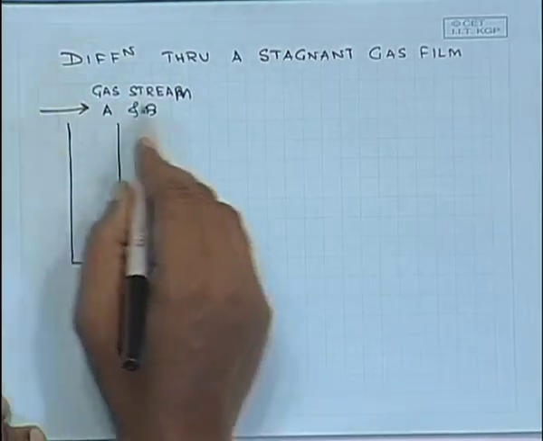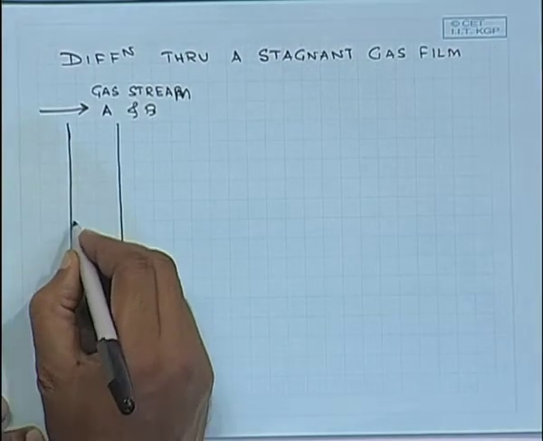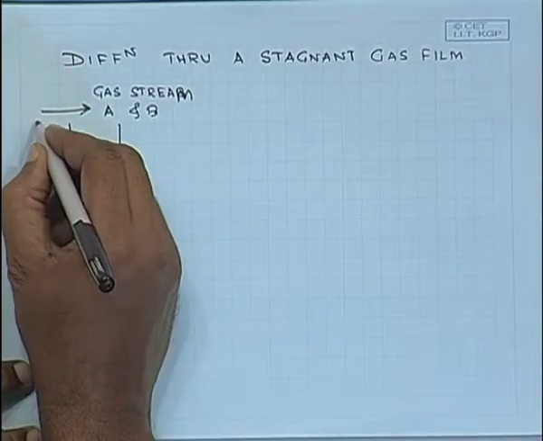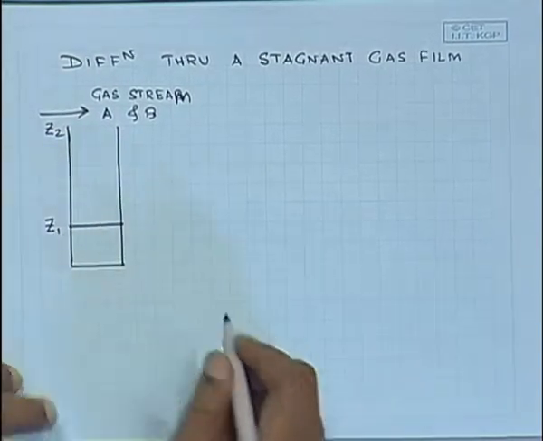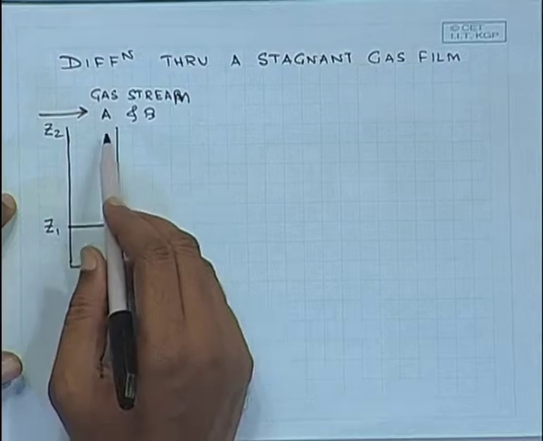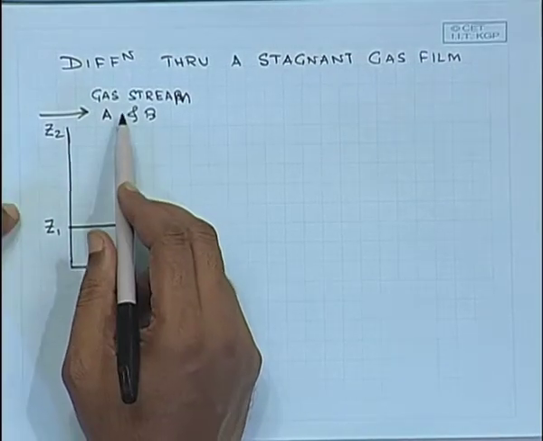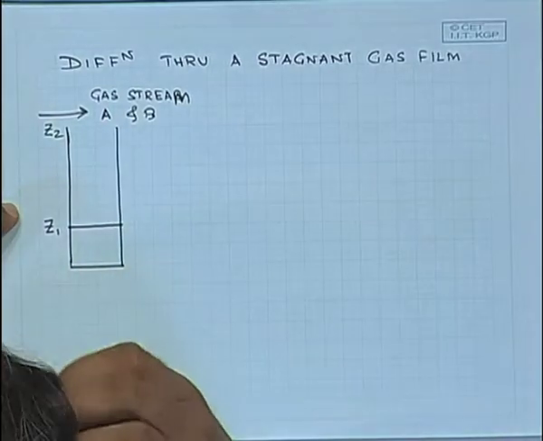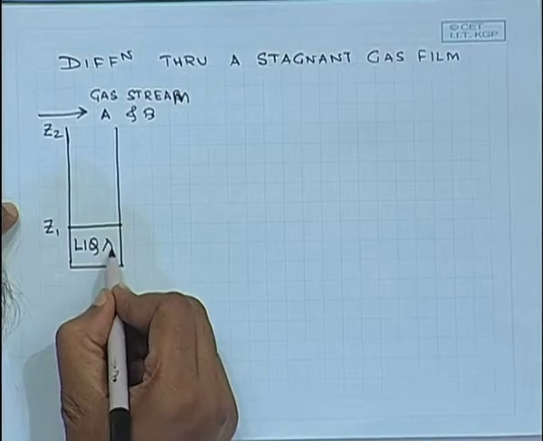So, the flowing gas stream at the mouth of the tube maintains a constant concentration of A and B at the top, and this is the liquid A.